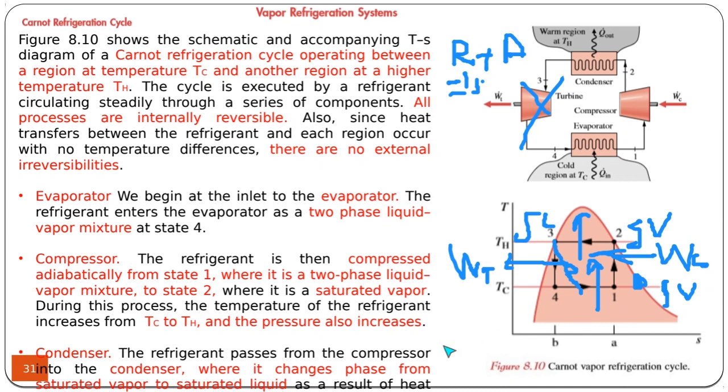So it's not necessary to have a turbine here. We can just install an expansion valve. When we install an expansion valve, we don't have this isentropic process anymore, but instead an entropy increase under constant enthalpy.